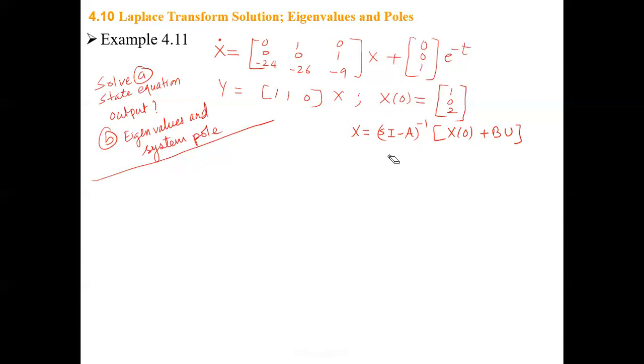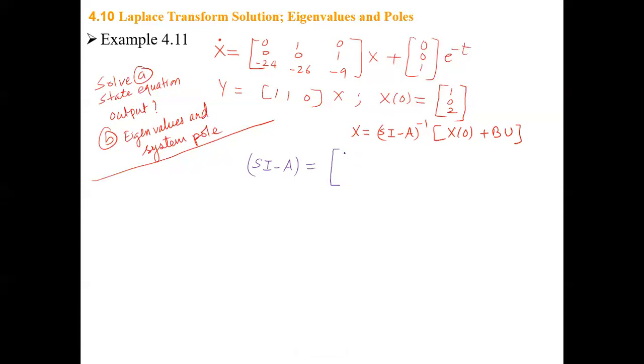If you can do it, that will be great. So let me quickly write what it means. So sI minus A. Then you can do the inverse, right?